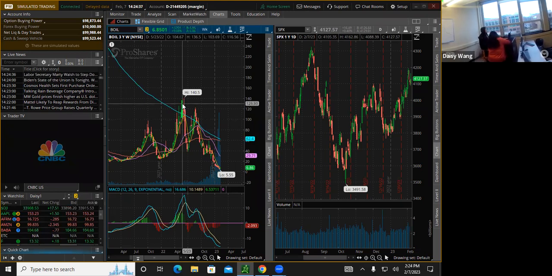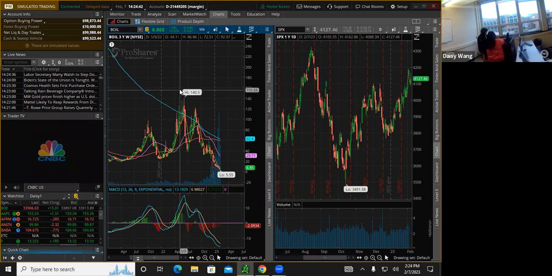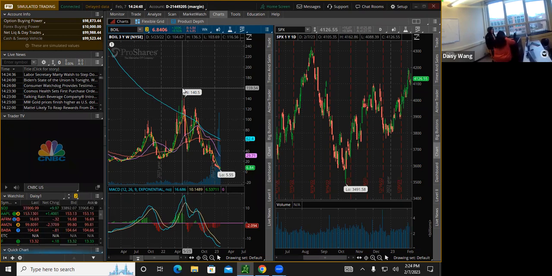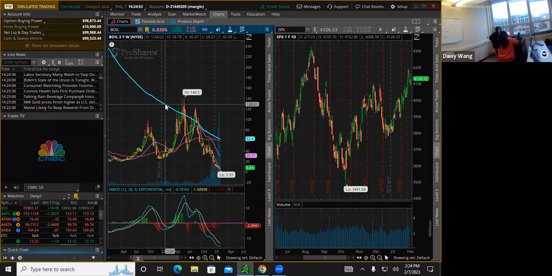I bought this because I used to own KOLD. I know DGAZ used to be a big one, but they delisted it. I guess something crazy happened with it, like a squeeze, they went crazy, and then it got delisted.